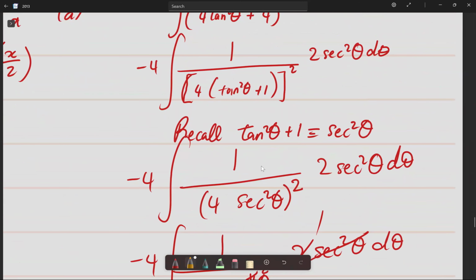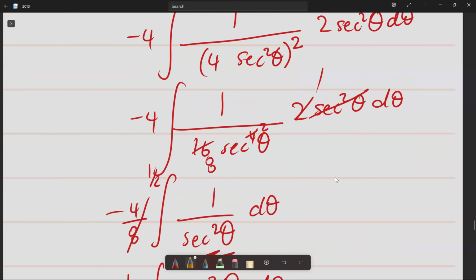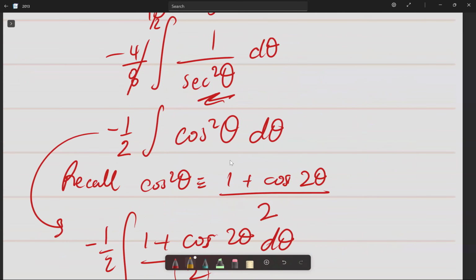Using the identity tan squared theta plus 1, we're able to cancel out and reach the point where we have cosine squared. We need to integrate cosine squared by using a new identity, 1 plus cosine 2 theta over 2. Again, if you don't know this identity, they're all derivable.